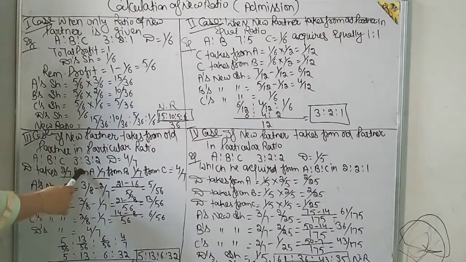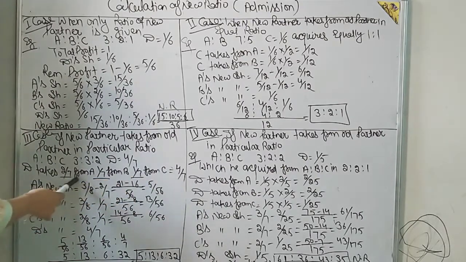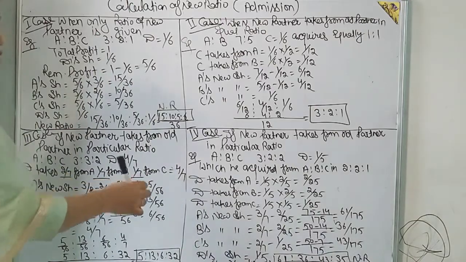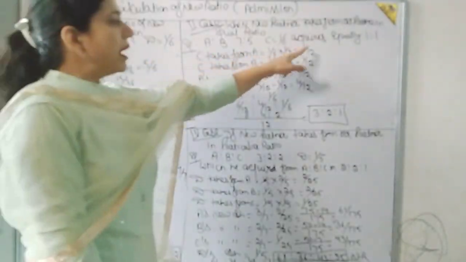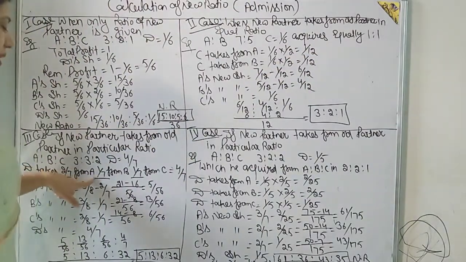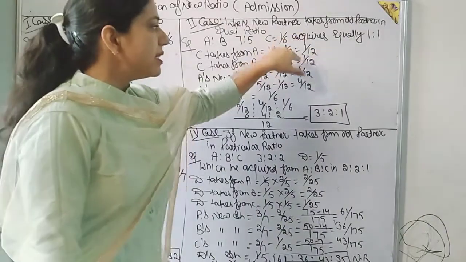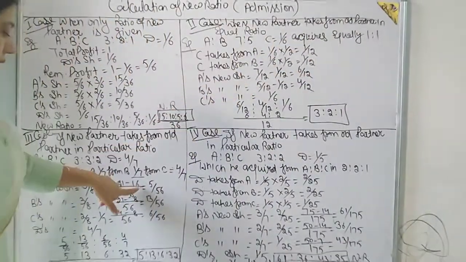D takes 2/7 from A, 1/7 from B and 1/7 from C. So we add all these: 2/7 plus 1/7, 3/7 plus 1/7, 4/7. So clearly this part is given in the question.